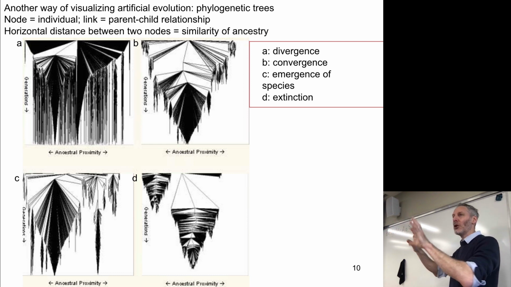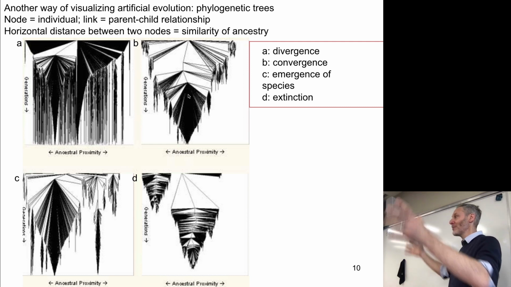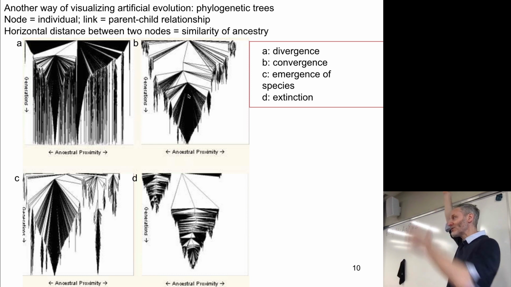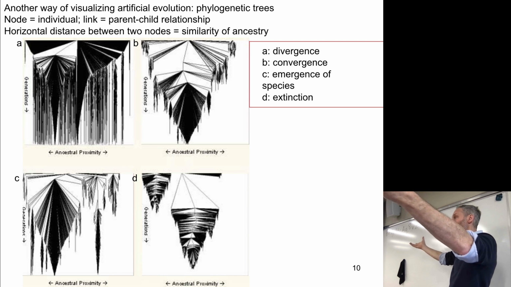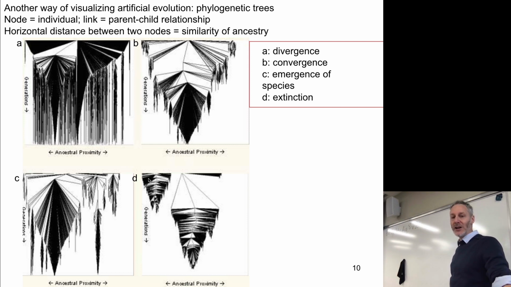There's some other things going on in the way they drew this, but generally speaking, the idea is to get a family tree. You have the ancestor at the top, and then you have more and more children if that particular lineage or that family is successful and is producing highly fit children and grandchildren and great-grandchildren. You see a lot of these trees tapering off as branches of this tree die out.